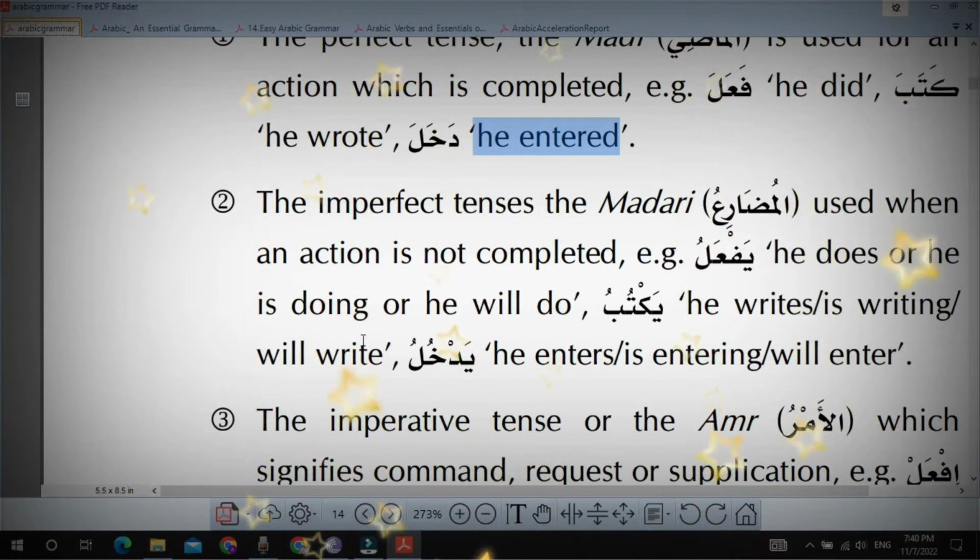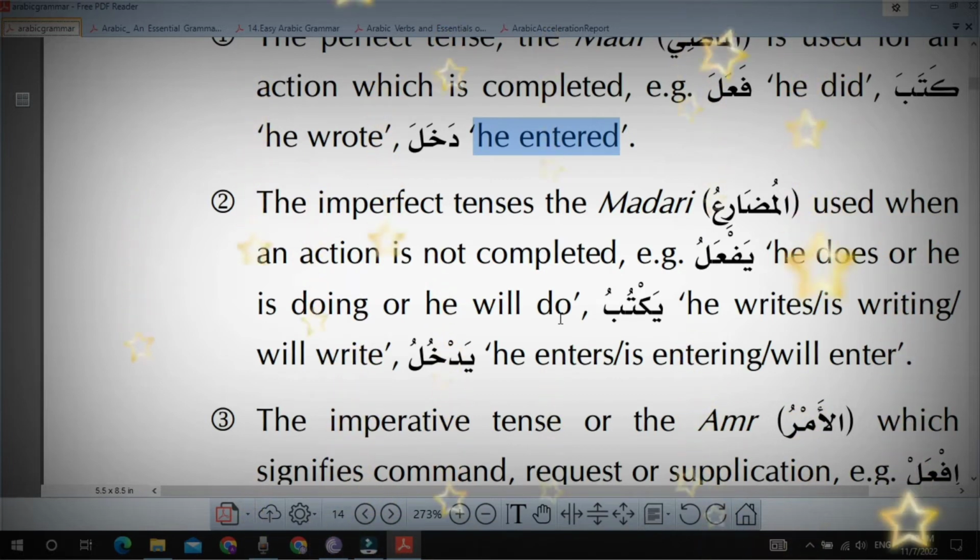But if we want to use mudari' specifically for present indefinite, what do we do? I will tell you in my coming videos. I will give you the specific lecture for this.